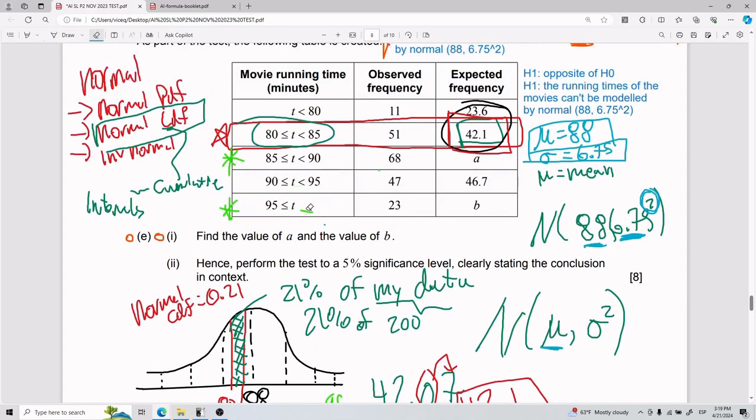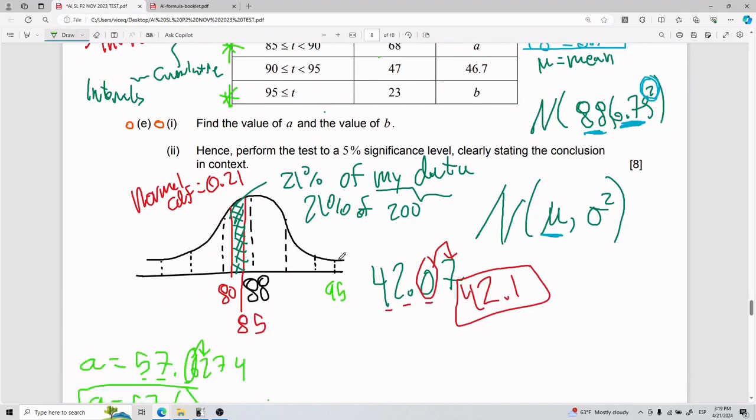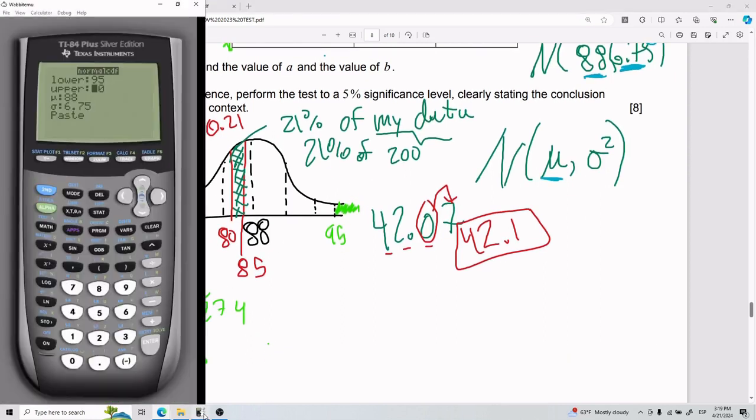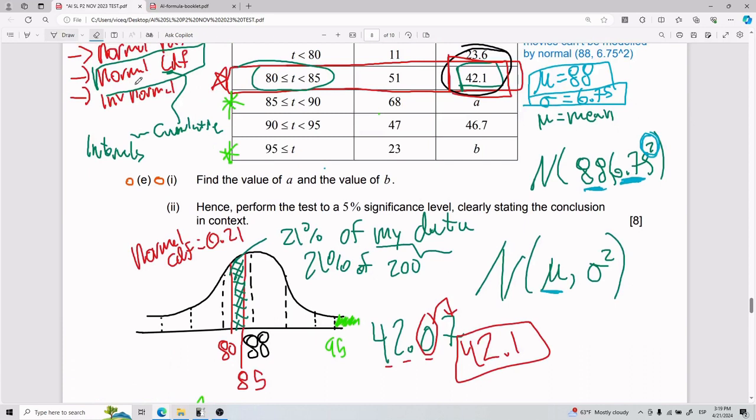So that means it's from this 95 to the right for your whole curve, wherever it ends. But you don't know where it ends. And so here, all you really have to do is put a very big number for upper. So if this is technically just infinity, for our intents and purposes, you can just put an extremely big number and it'll make sense.